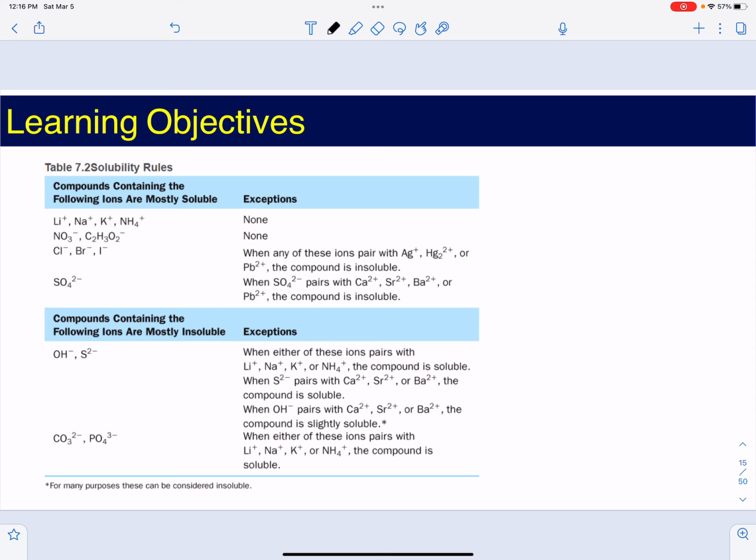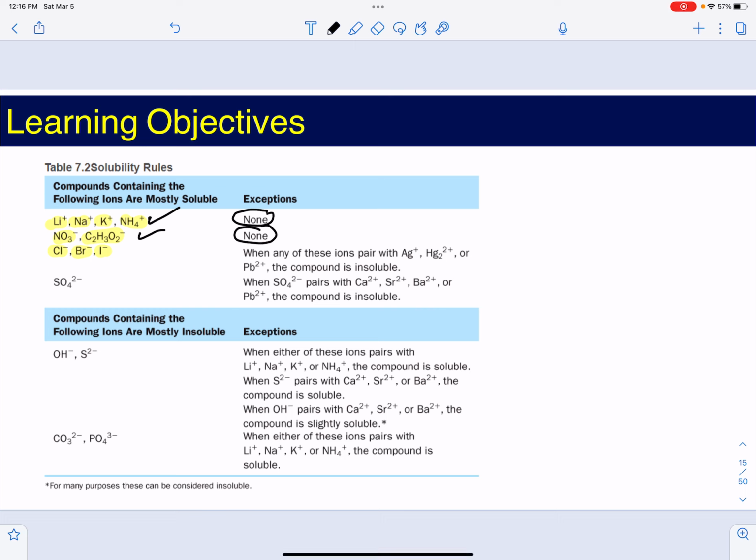So for example, any compound that contains lithium, sodium, potassium, ammonium, nitrate, acetate, and the halogens chloride, bromide, and iodide, they're going to be soluble. If you put them in water, they will dissolve. Specifically, the first two rows, there are no exceptions.